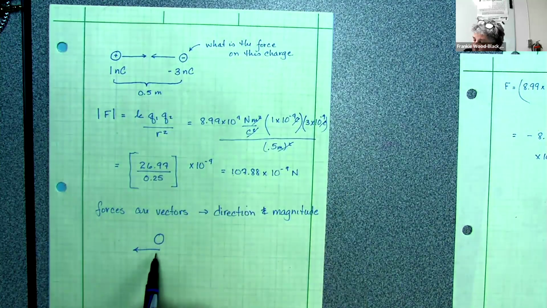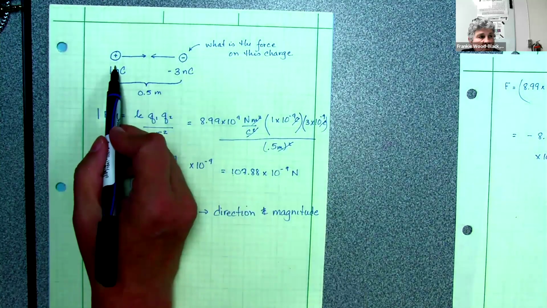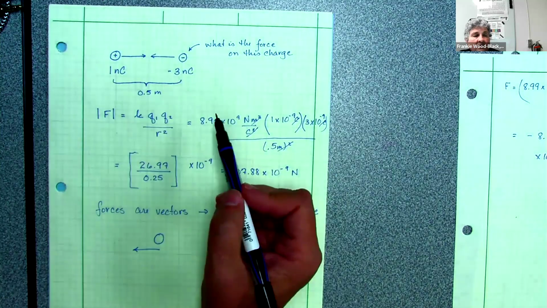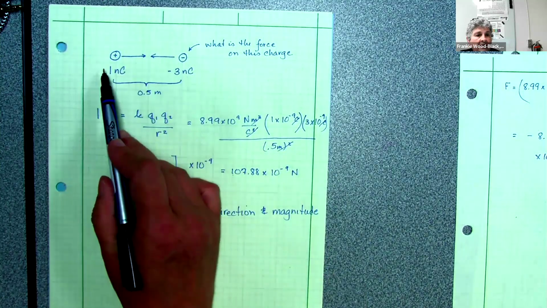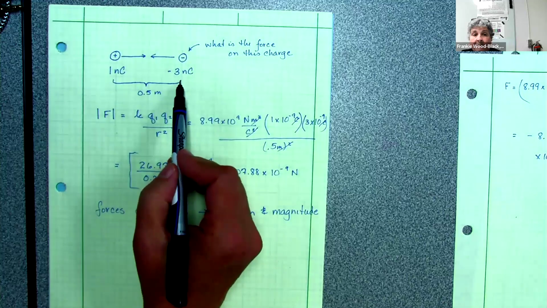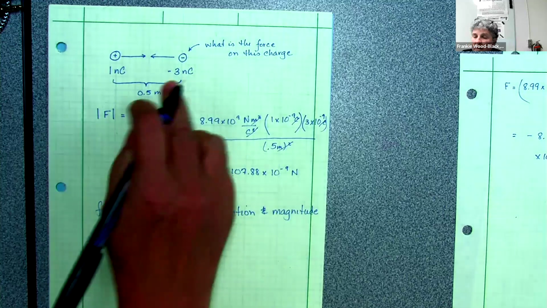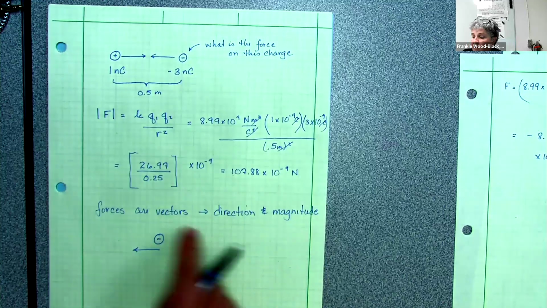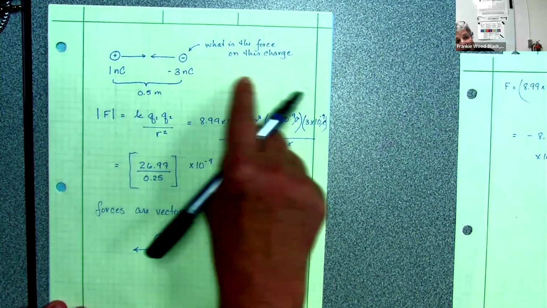So this charge is going to move to the left because of this charge. So this is one of those things that's a little different than what we're dealing with gravity, because we have to take into account the nature. Now, if that happened to be a positive charge, right? This is if it's a negative charge. If that happened to be a positive charge of 3 nanocoulombs, that magnitude is exactly the same, except now this charge is going to want to go that direction.